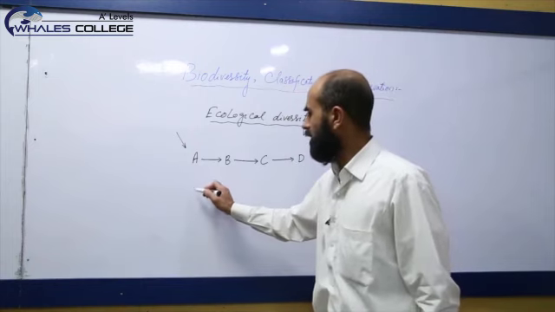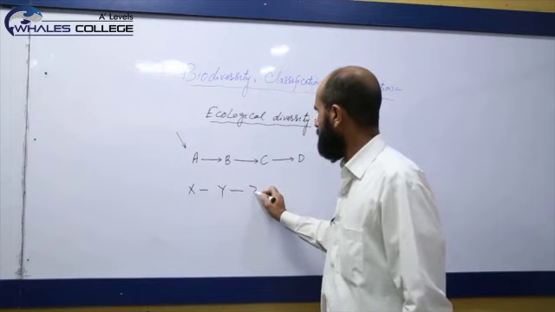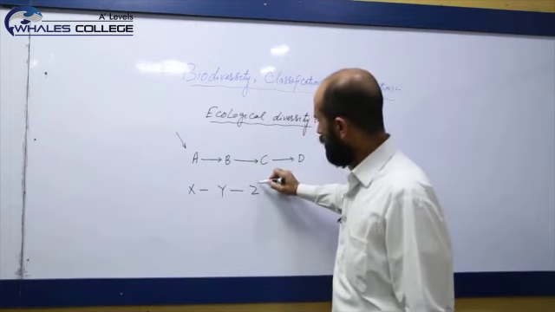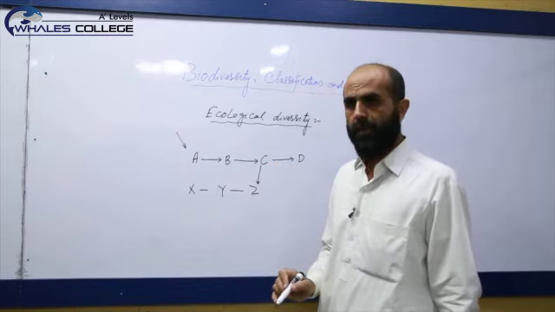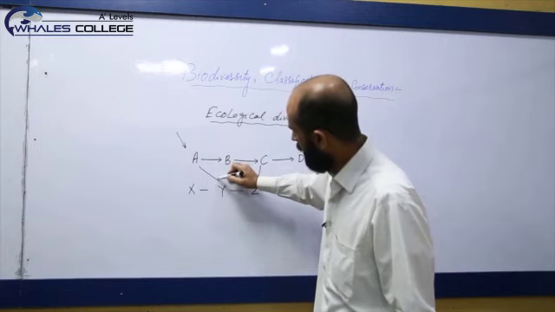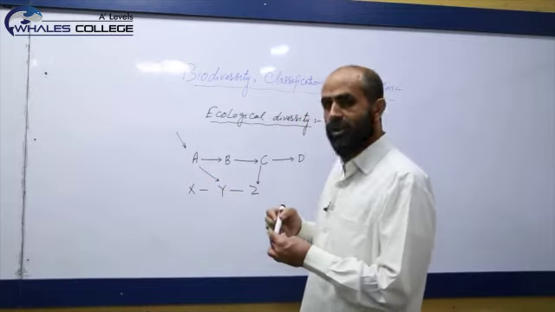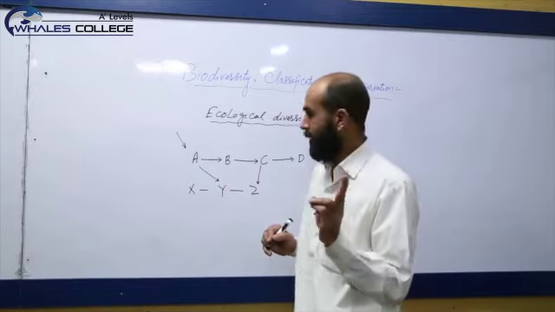If there's another food chain as well, like we say X, Y, Z, and this Z can also get energy from C. And similarly, Y is also dependent on A. So in such cases, we say that for Y, there are two ways of interacting.